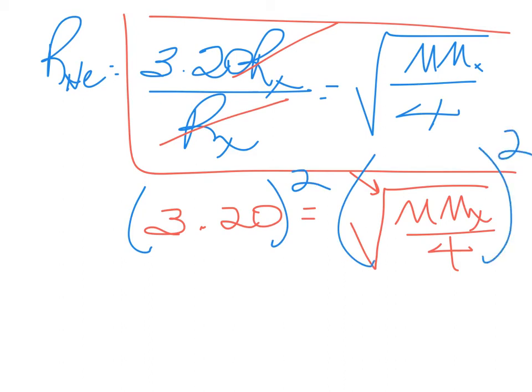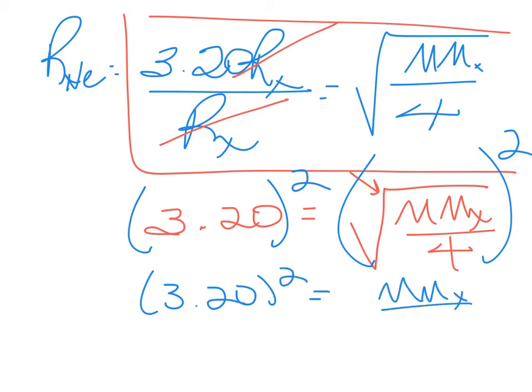So now we end up with 3.20 squared equals simply the molar mass of the unknown over 4. 3.20 squared is 10.24, equals molar mass of X over 4.